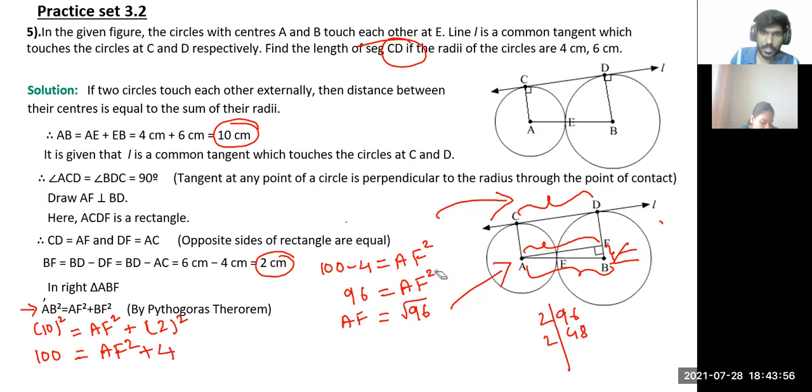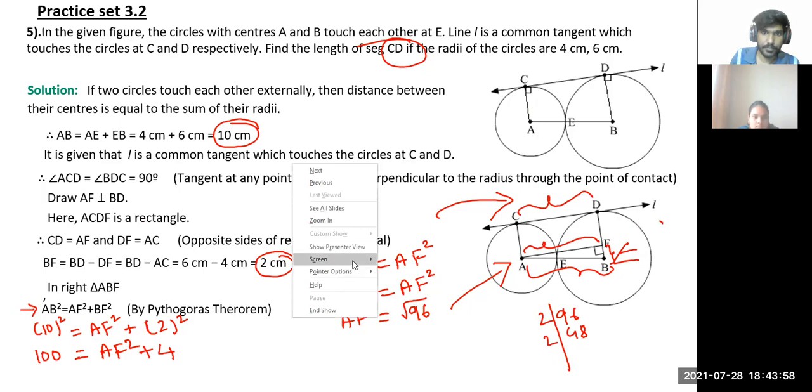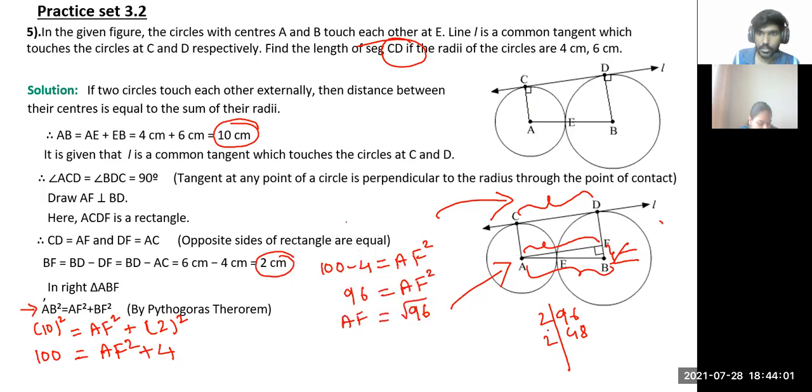Two 24s are 48. 2 12s are 24, 2 6s are 12, 2 3s are 6, and lastly 3 1s are 3. So 2 times 2 and then 6, root 2, 4 root 6.